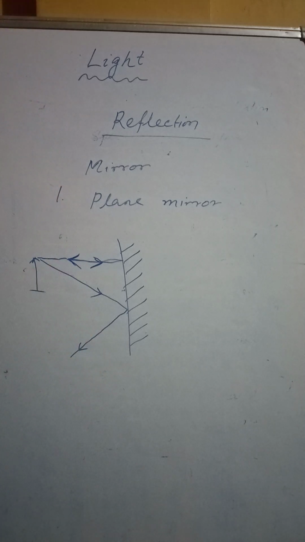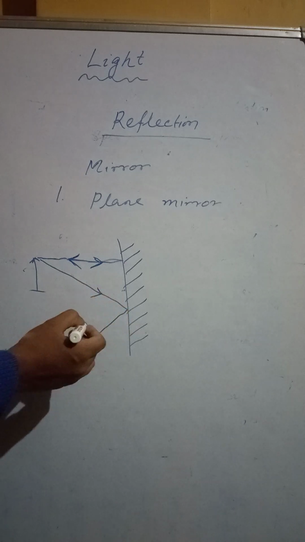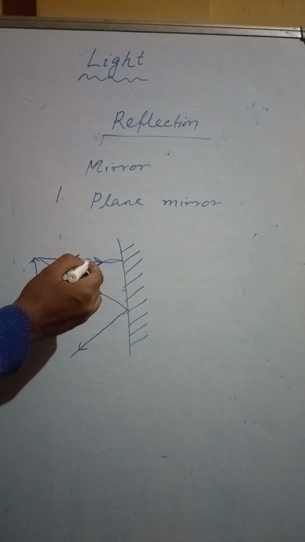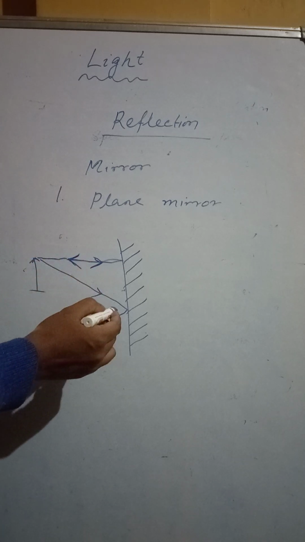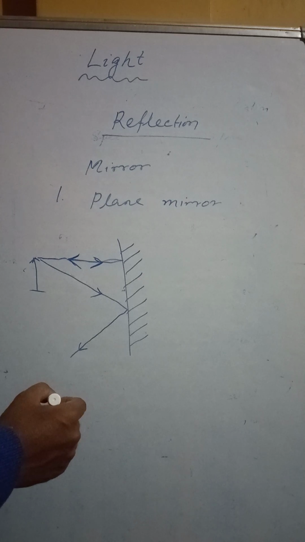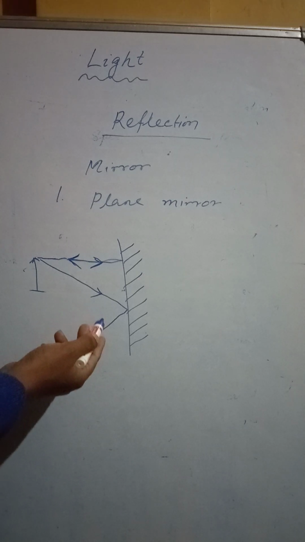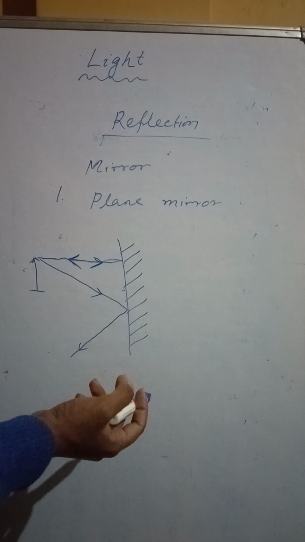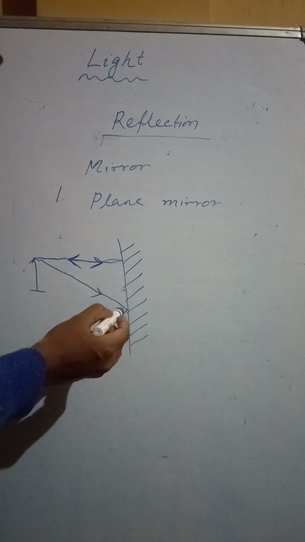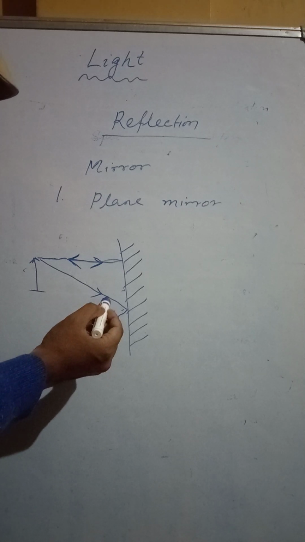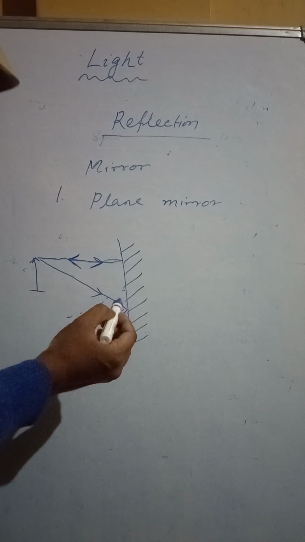Here the angle of incidence and angle of reflection will be the same, but not zero. It may be some value like 30 degrees or 20 degrees, because this is the normal. This is the angle of incidence, this is the angle of reflection.